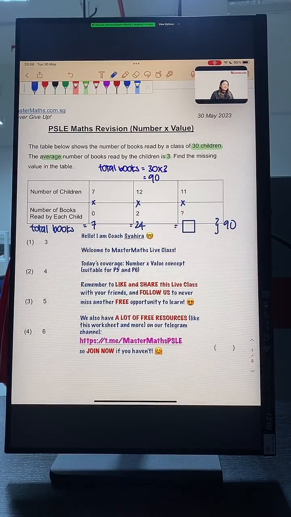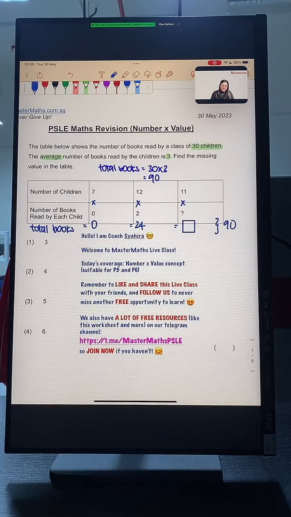Therefore, to find the missing number, I just have to take 90 minus 24 minus 7. Oops, I just realized, why did I make this mistake? 7 times 0 is 0. How many of you have also made such mistakes before? So, all I have to do is take 90 minus 0 minus 24.